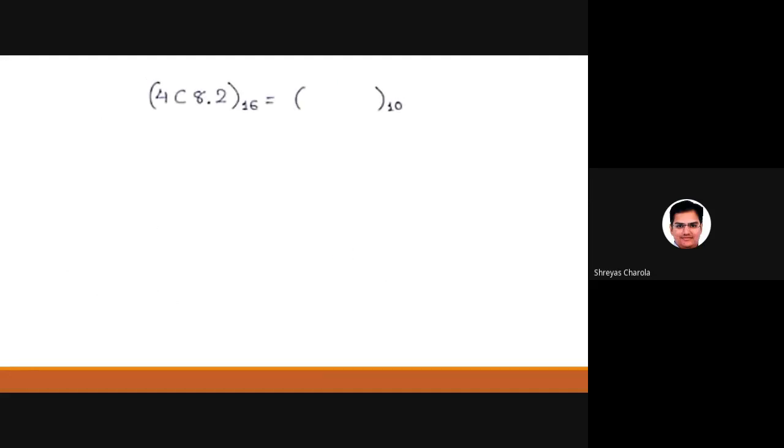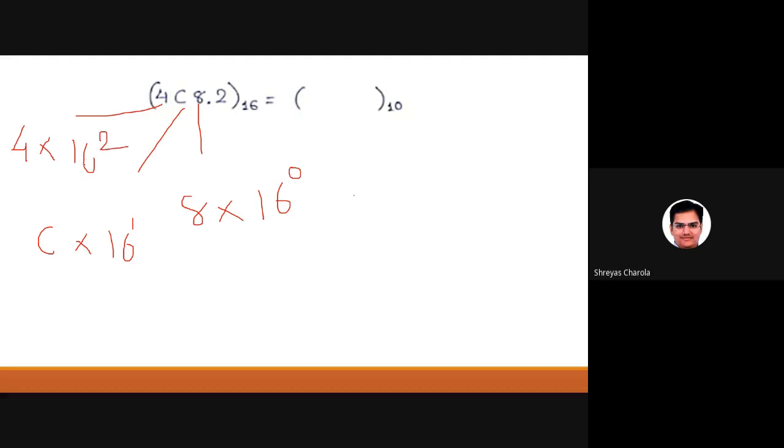Let's suppose I have this number. I already have the example. So what should I do? This one is 8 multiplied by 16 raised to 0. The C multiplied by 16 raised to 1. The 4 multiplied by 16 raised to 2. And this one, the 2 multiplied by 16 raised to minus 1.